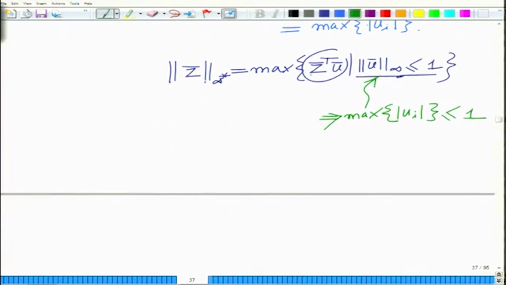Now, what is this? This is simply equal to the summation i equal to 1 to n of zi times ui. This is your z bar transpose u bar, which is simply the dot product between the two.